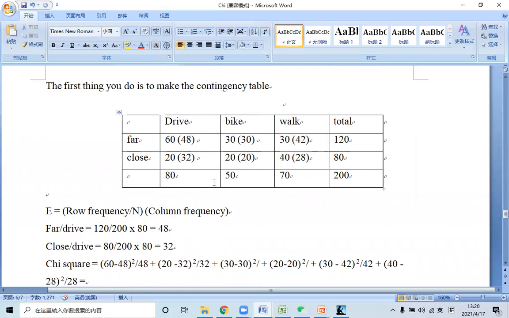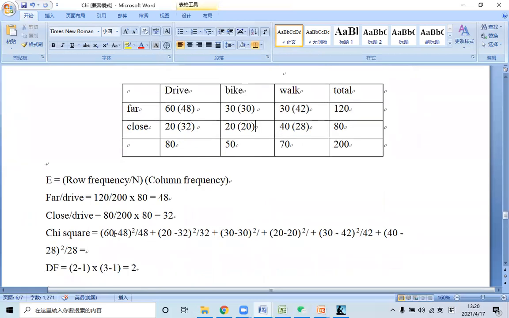Getting the expected values would give you the deviation, and you calculate the deviation, then square the deviation. For the first cell, people who live far away but drive, your observed value is 60, and your expected value is only 48, so you get the difference. And you divide it by the expected value.